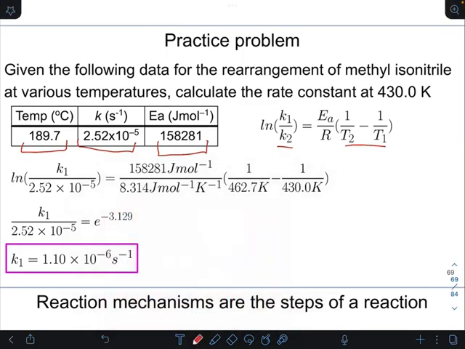What I did was I called this K2, I called this T2, 189.7 plus 273 gives us 462.7 Kelvin. I plug that in for T2.